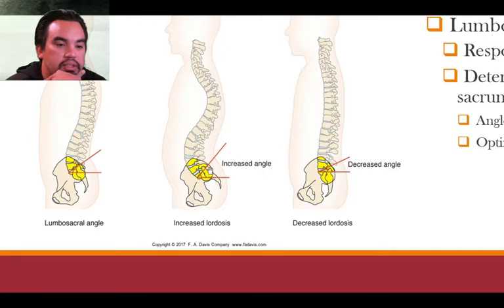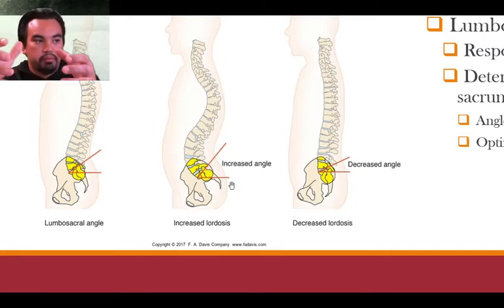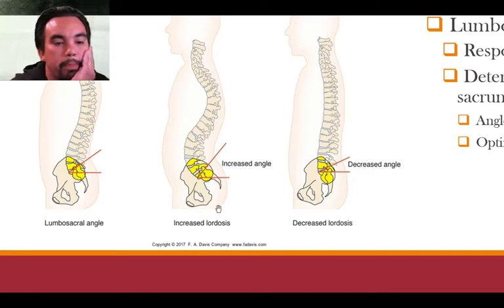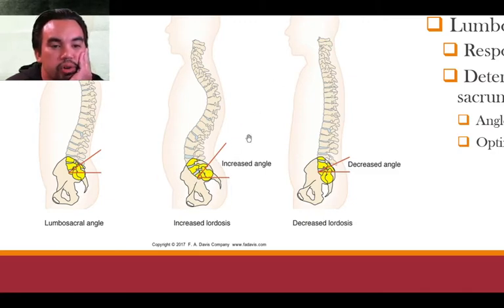And you see how as that moves this way, it shifts the sacrum that way, thus increasing the lumbosacral angle, because now the top of that sacrum is anterior, thus more vertical. And then as we counternutate, we get a decreased angle, where now the top portion of that sacrum is more flat, and thus that angle between the floor and the lumbosacral region is now more horizontal, thus decreasing the total angle.